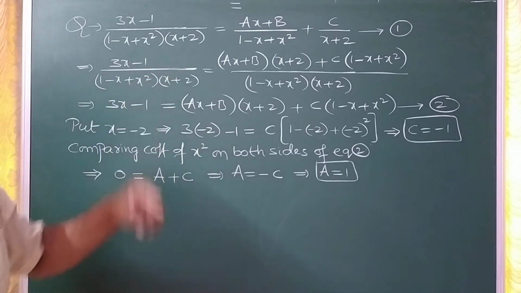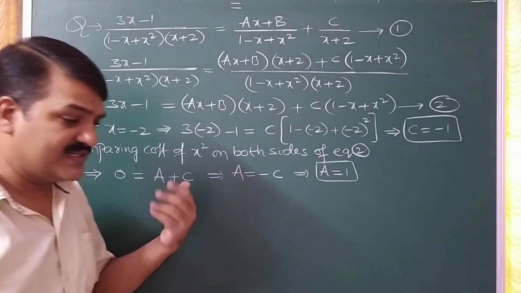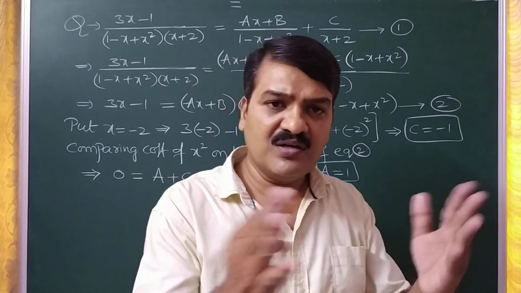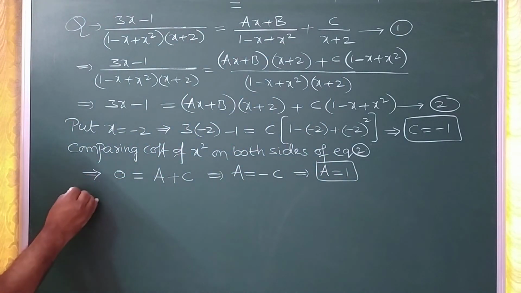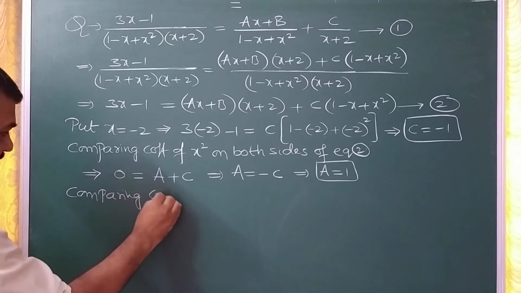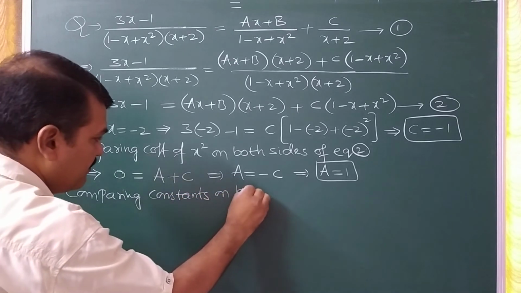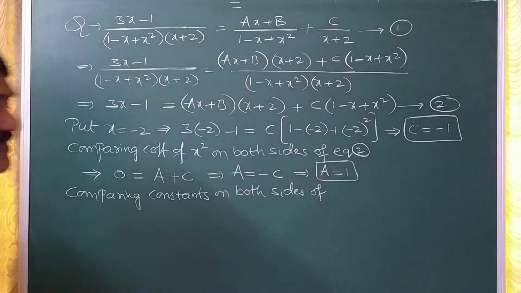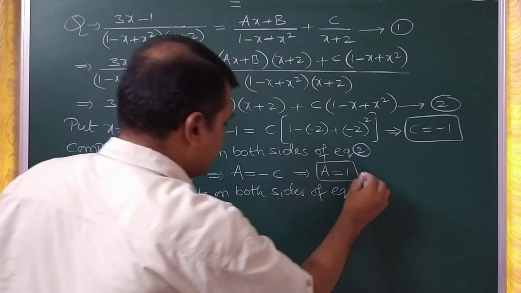Now let us go to comparison of x on both sides or constants on both sides. You can take anything. You can compare coefficients of x or constants, whichever is convenient. So I am comparing constants on both sides of equation 2.